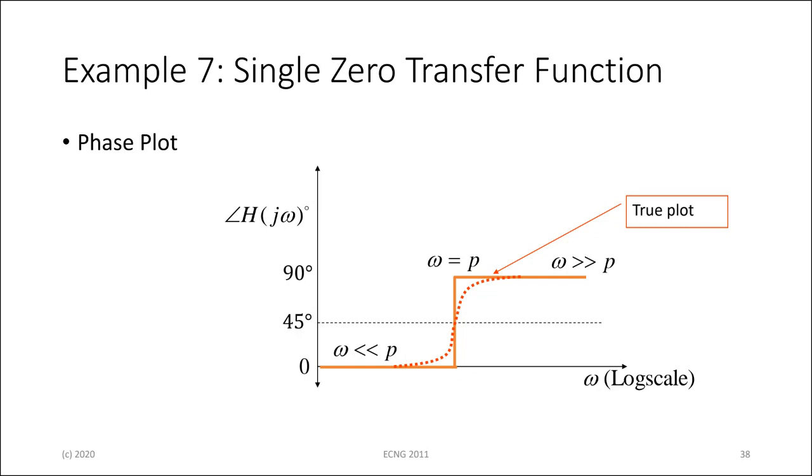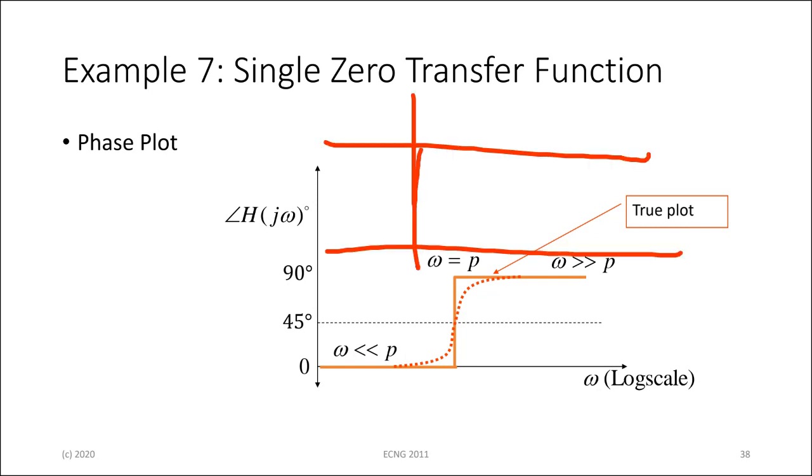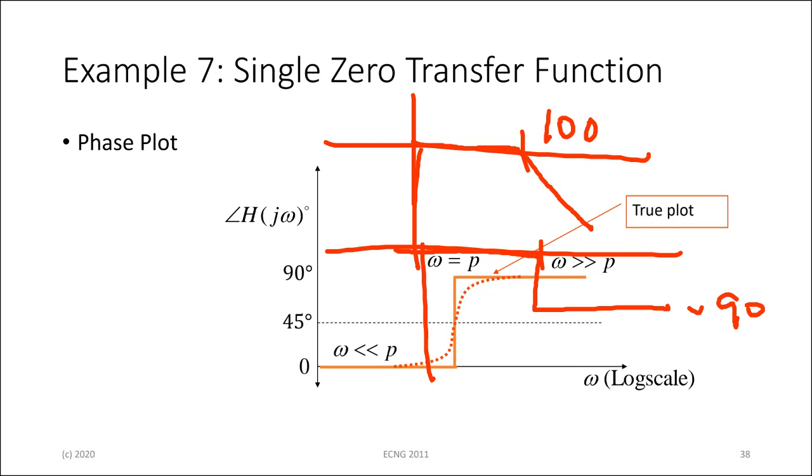So at this point, you're in a position that if you were given a magnitude and phase transfer function, where the magnitude looks like that, and the phase looks like that, right? This is minus 90, and this is some frequency, let's say 100 radians per second, and this is 0 here.